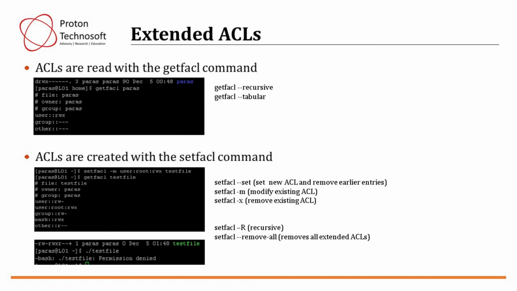Now, the stuff that we have seen right now is all about the basic ACL, where we have RWX, sticky bits, SGIDs, SUIDs, etc. Now we will work with the extended ACLs. Extended ACLs, you can think of it like ACL in Windows itself.